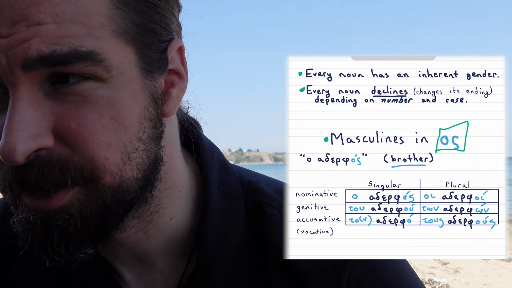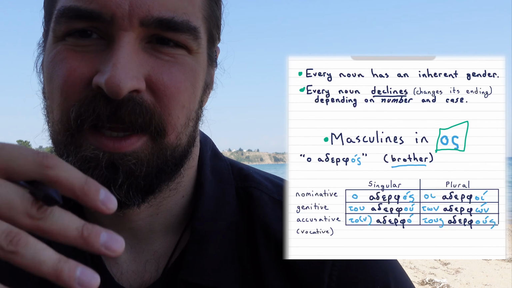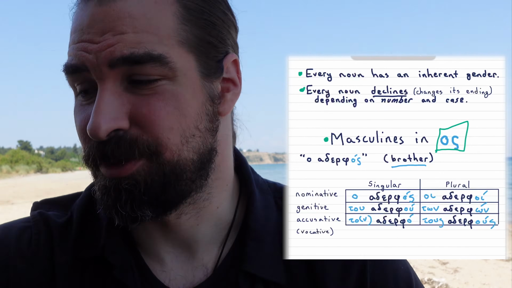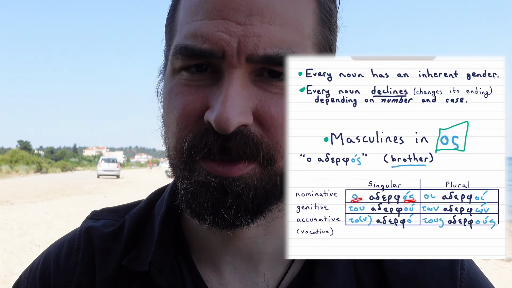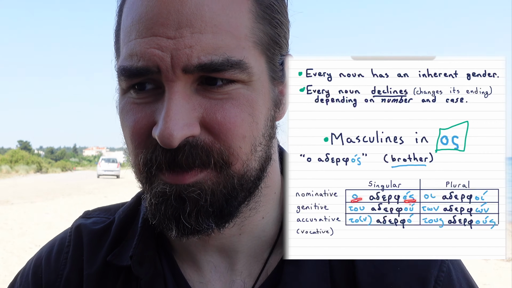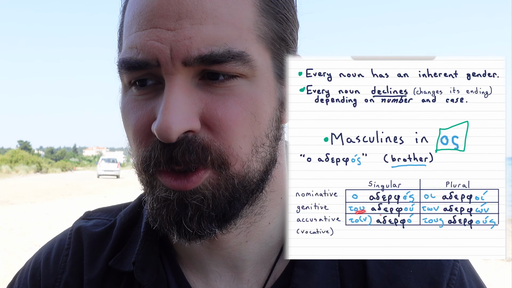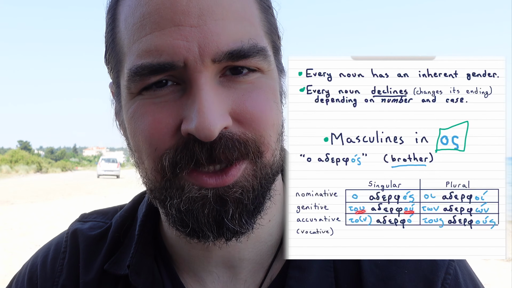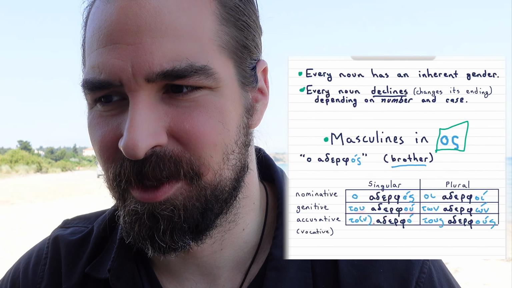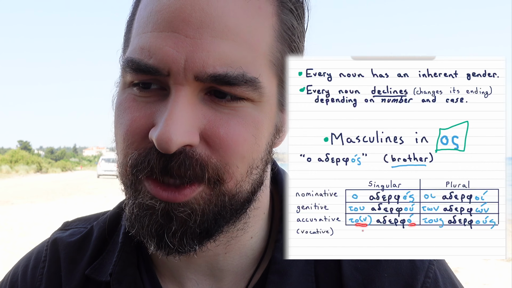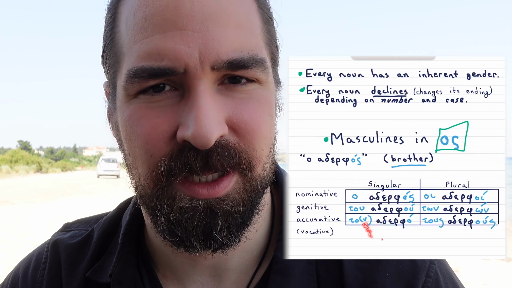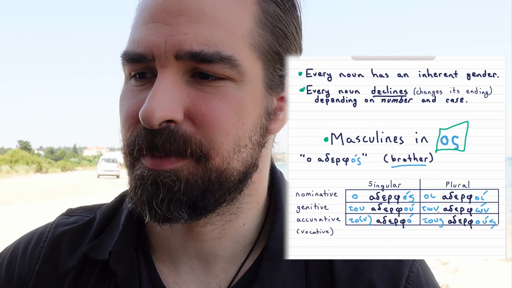What can we notice here? We can notice that most of the endings match their definite article. Here, o and os don't quite match because we have that sigma on the end. But tou and fou, that matches. That sounds like it's kind of the same thing. Ton and fo almost match, just that ton has an optional nu here that we'll talk about at some point.